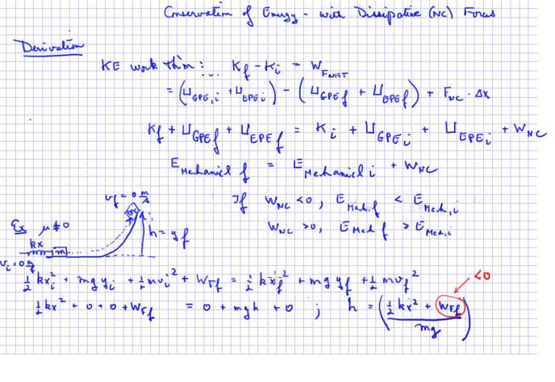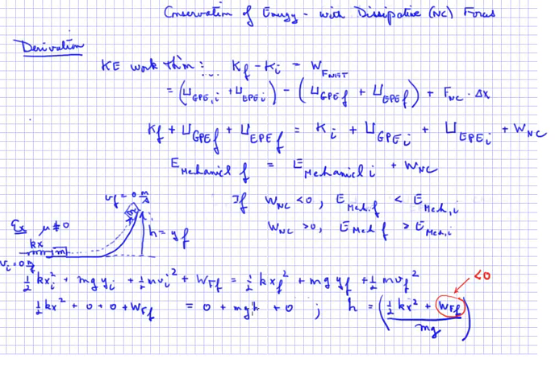Here is the final EPE, here's the final GPE, and here's the final kinetic energy. And again, if we set the initial and final kinetic energies to 0, as we did before, and we have an initial GPE of 0, then we have 1/2 kx squared plus the work done by the frictional force is equal to mgh.